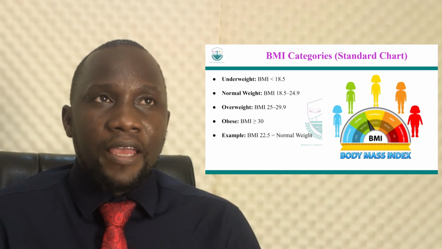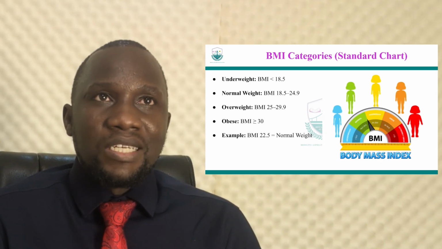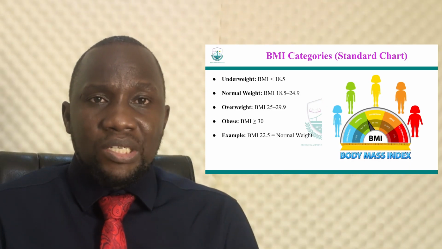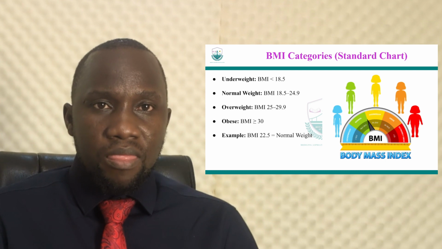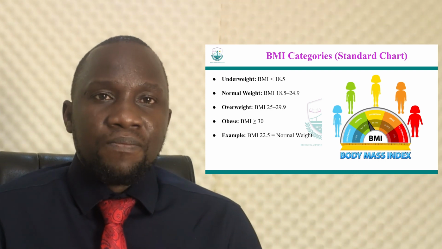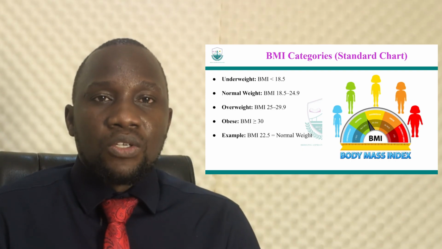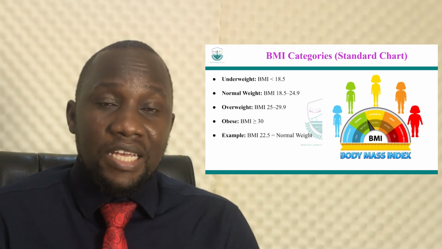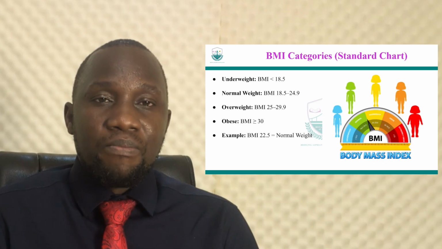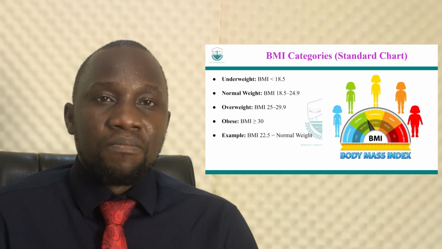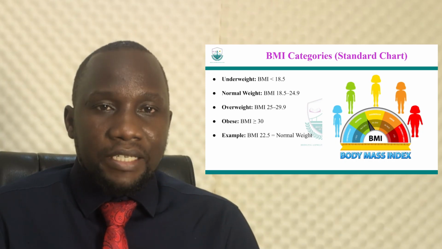So a person who is underweight, that means this person's body fat is actually less, and that's why they are very small and underweight. A person who has a BMI of 18.5 and below, less than 18.5, that person is underweight.